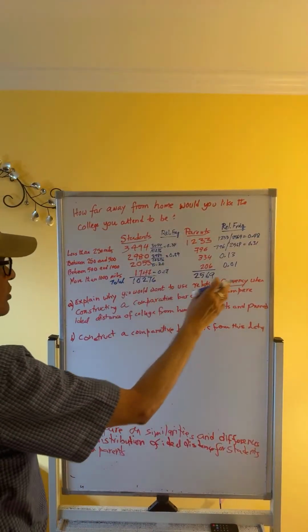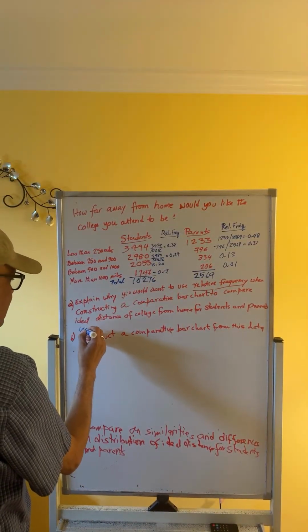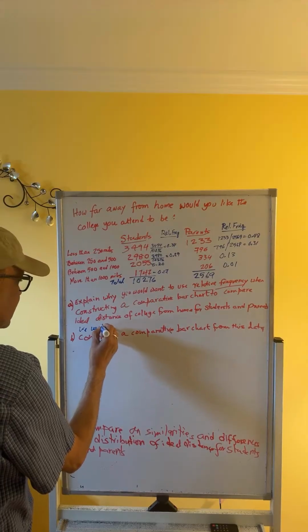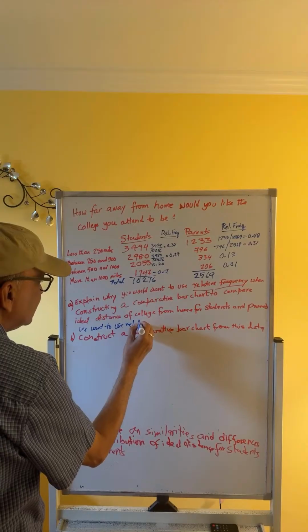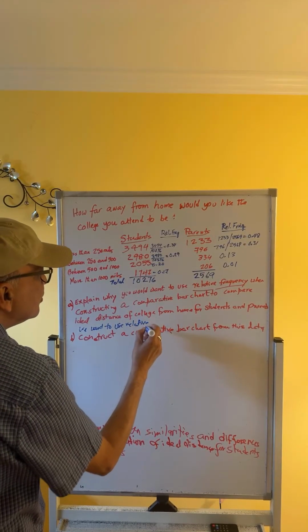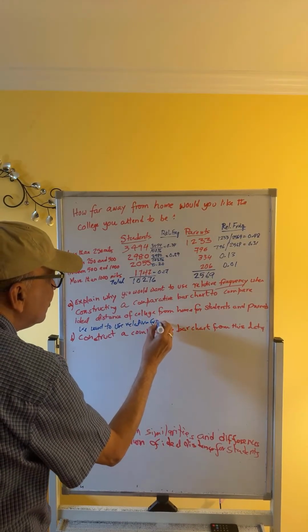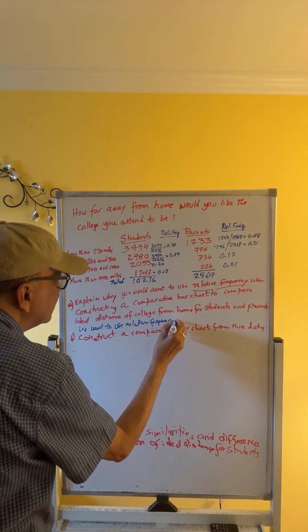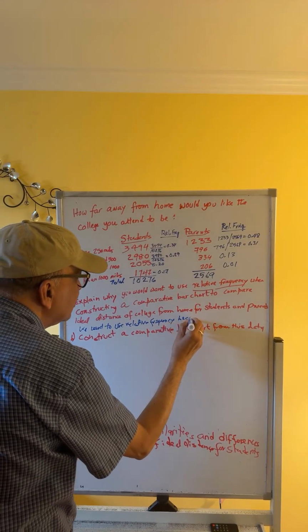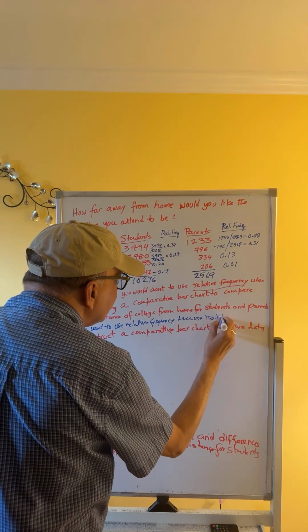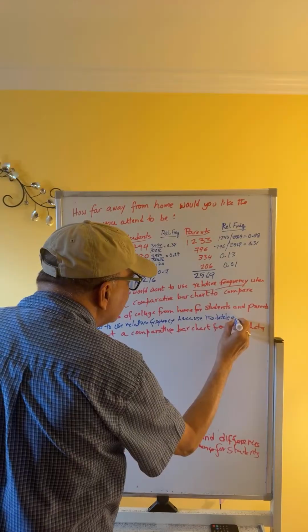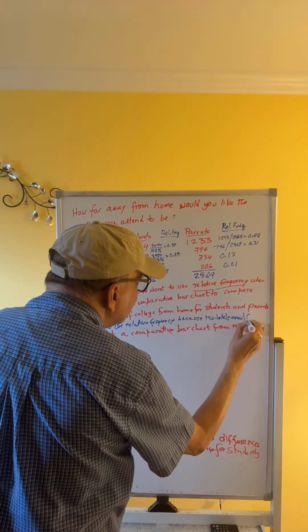We want to use relative frequency because the totals are different for students and for parents.